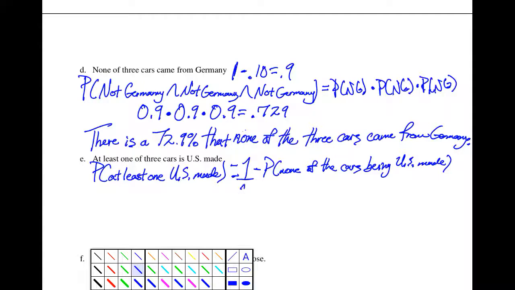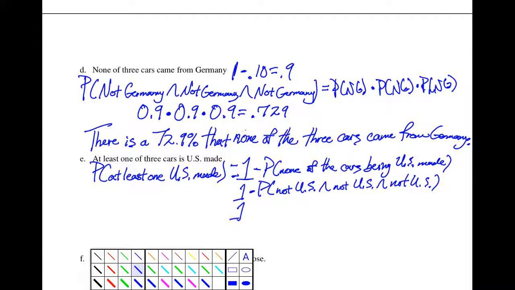So to do that, we'll write 1 minus the probability of none of the cars being US made. So that's 1 minus P. To break it up, you write not US times not US times not US. So not US would be 1 minus the probability of the US occurring, which would be 0.6.